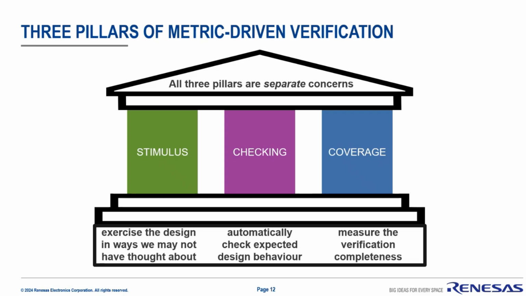That's what constrained random does. Checking is there always for all tests, automatically checking the expected behavior, and the coverage is there to measure what you've actually done. And all of those are as important as each other. You can't have coverage without the checks in place. It's meaningless. So it's something that we have to keep repeating to people to get the right kind of methodology.